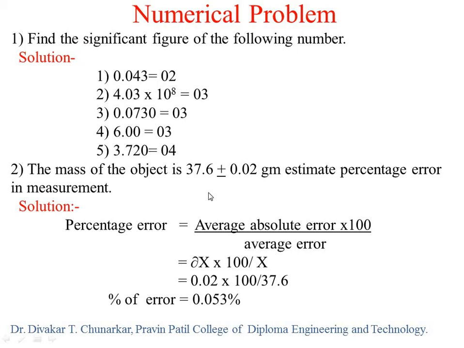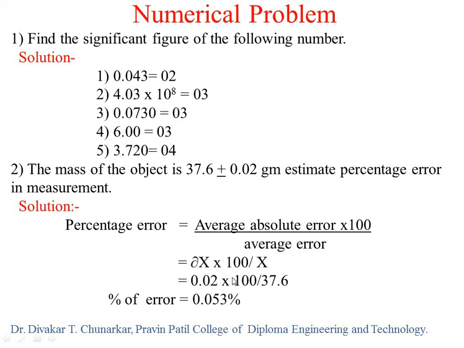So our formula for percentage of error equals average absolute error into 100 upon average value, or symbolically del x into 100 upon x. So put the value of del x as 0.02 into 100, and the value of x is 37.6. Multiply 0.02 into 100 and divide by 37.6. So our answer is 0.053%.